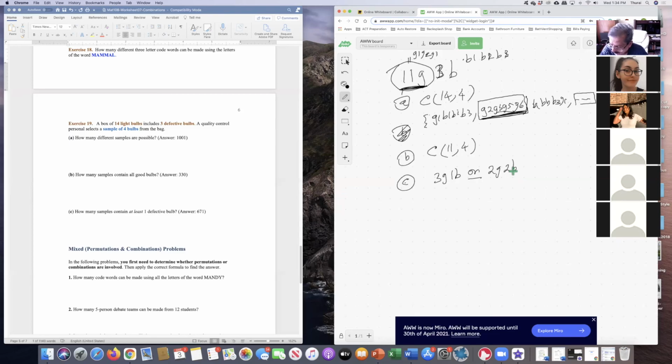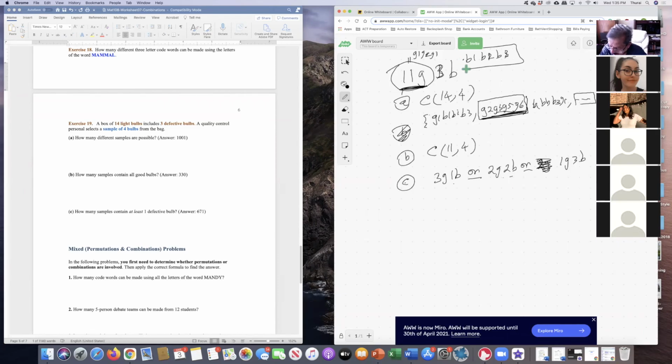So 2 good, 2 bad is another way, and 1 good and 3 bad. Yeah, 3 good, 1 bad, or 2 good, 2 bad, or 1 good and 3 bad. We had to stop there because only 3 bad ones are there, right? So we can't go to 4.